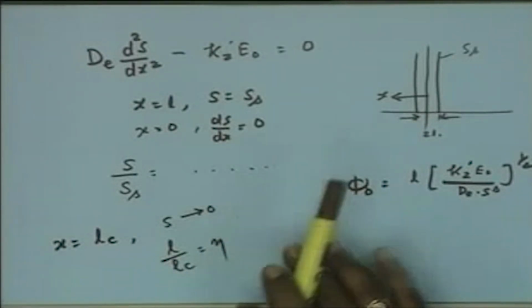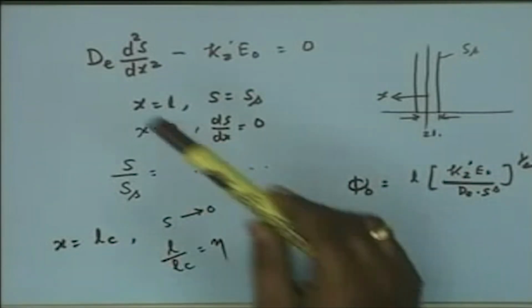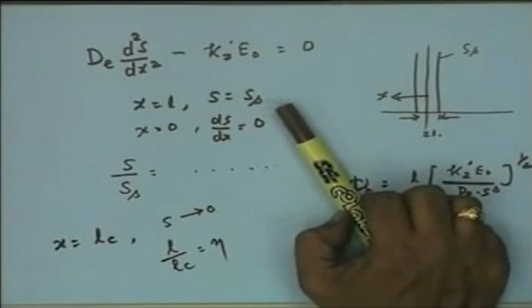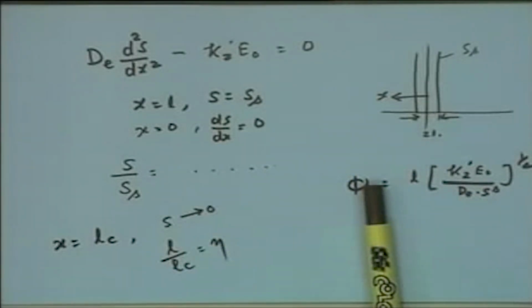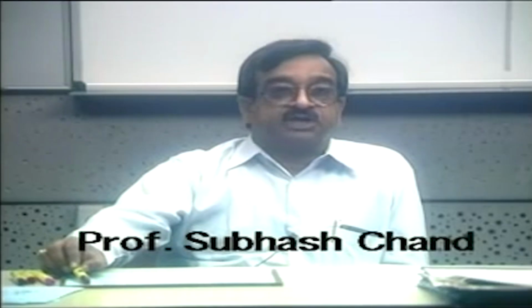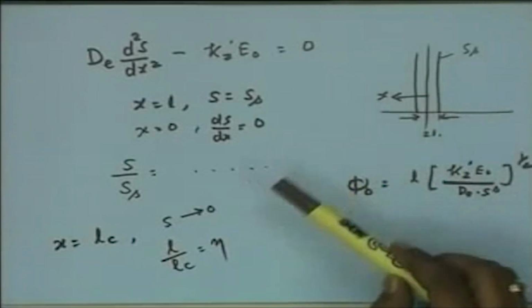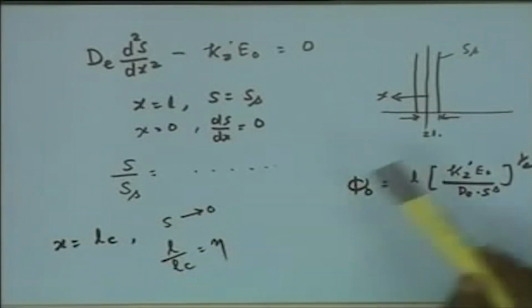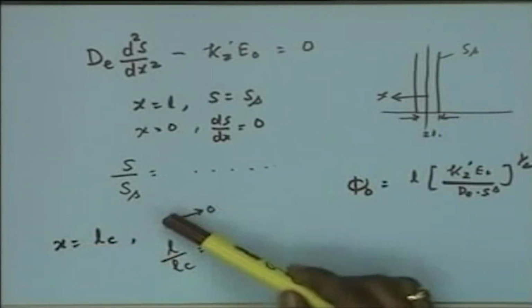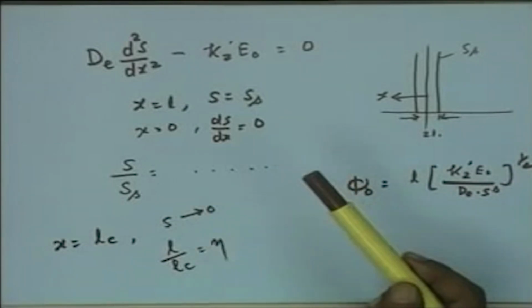So, I would like you to do this exercise and solve this differential equation under these boundary conditions and arrive at two things. One is the substrate concentration profile within the immobilized enzyme particle in terms of surface substrate concentration, and the second is the length from the center, the value of LC at which the substrate concentration tends to be 0.